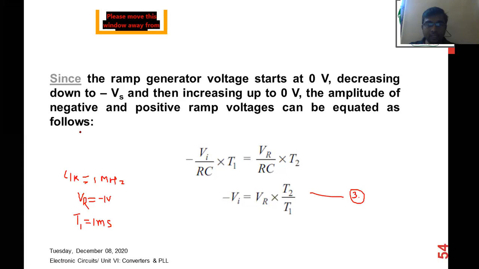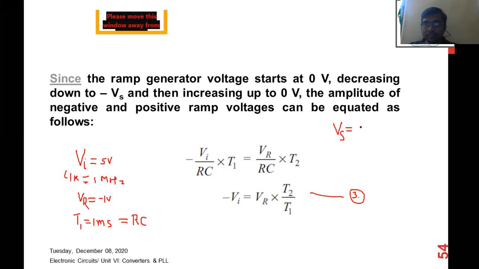The RC time constant, the product of RC, is also equal to 1 millisecond. Assuming the unknown input voltage Vi is equal to 5 volt, during the fixed time period T1 the integrator output Vs is minus Vi upon RC into T1.